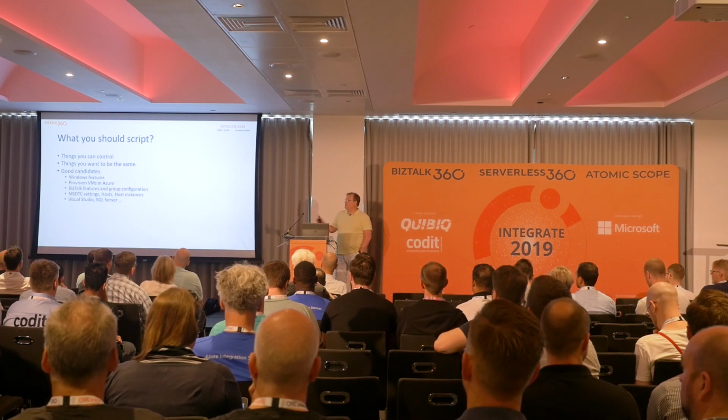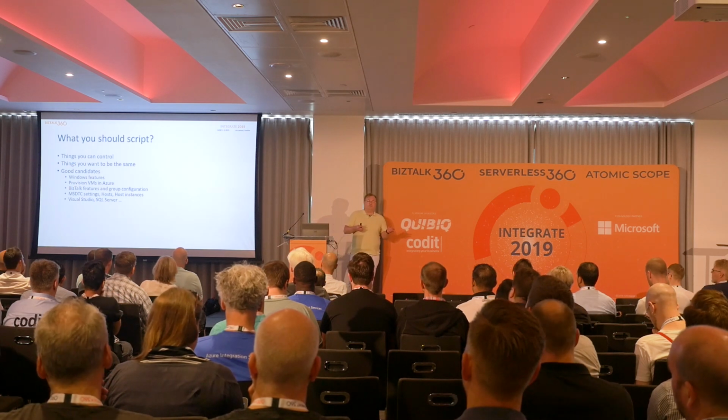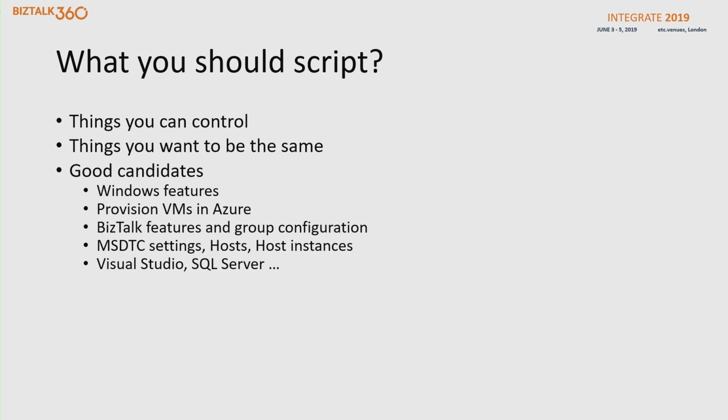If you're creating your environment in Azure, you need to take into account things like provisioning the VMs. You have a load balancer you need to create and so on. You can use ARM templates for that, but scripting is definitely a good way to do the deployments there.